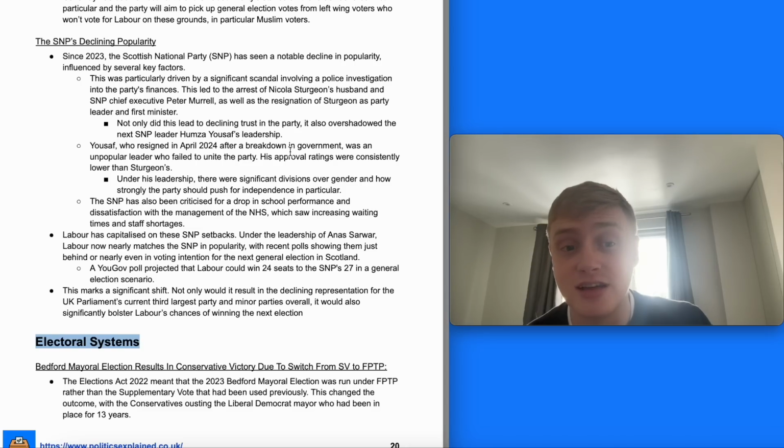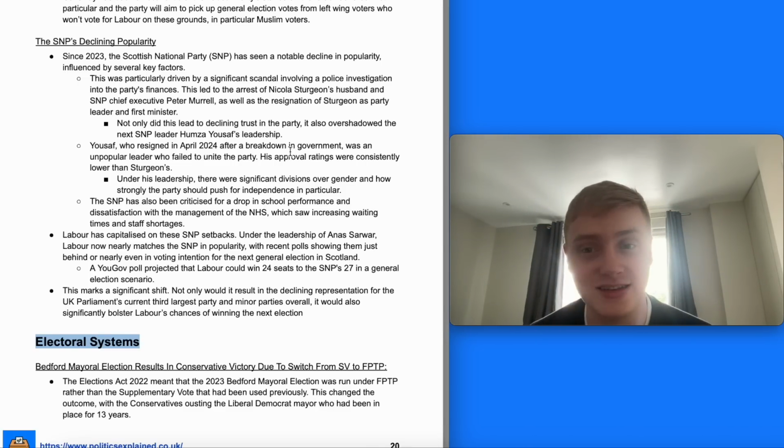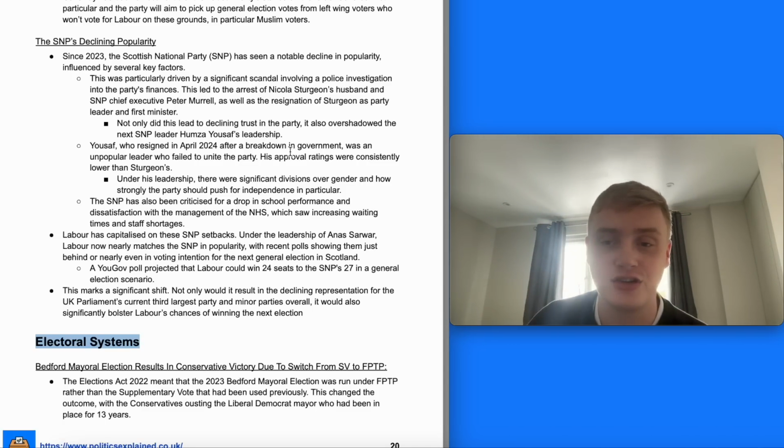Labour's capitalised on these SNP setbacks and now looks to win quite a lot of seats in the next election in Scotland, which will really help it win the election as a whole in the UK. Now projected that they'll win around 24 seats compared to the SNP's 27, when the SNP's dominated in the last 3 elections in Scotland. And that's a really significant shift.